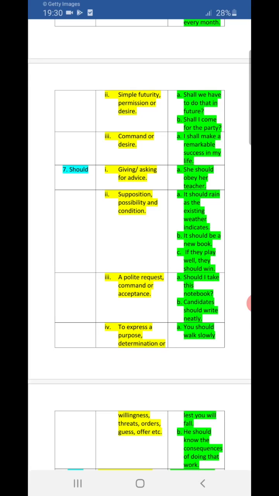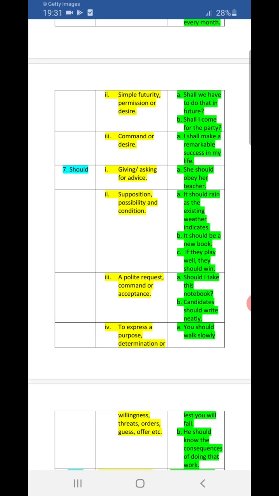It should rain as the existing weather. Existing weather may be cloudy weather. Okay. And it indicates what? Forthcoming rainy weather. So it should rain as the existing weather indicates.